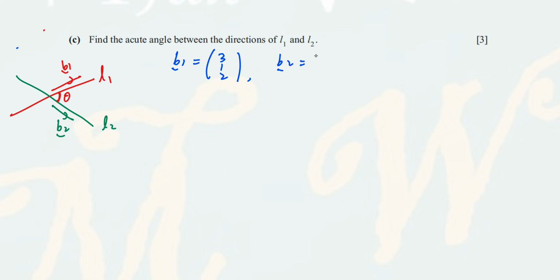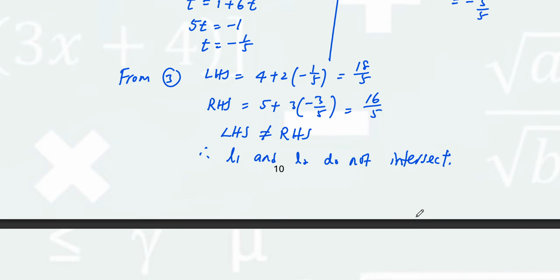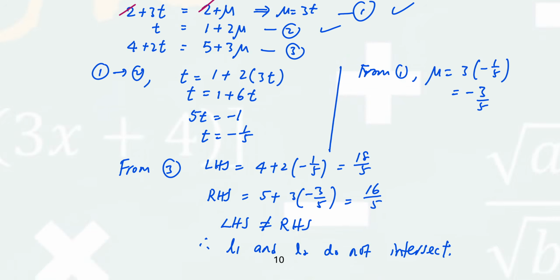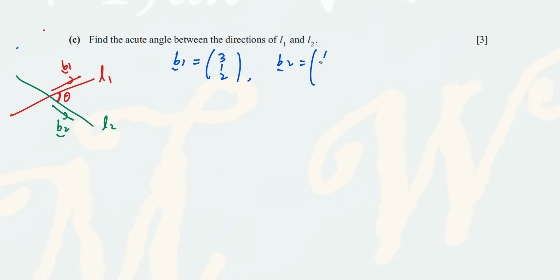Then my B2 is the direction vector of the line 2. So it is (1, 2, 3). Okay, and I define let theta be the angle between L1 and L2. So it is also the angle between the B1 and B2, right?